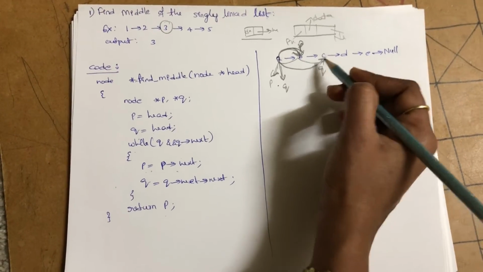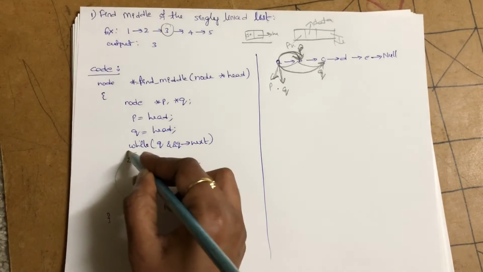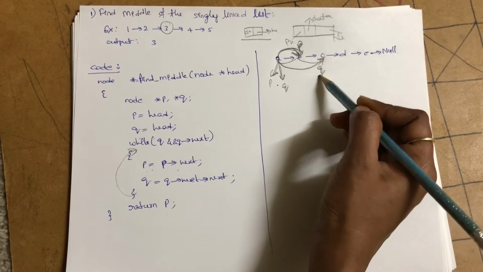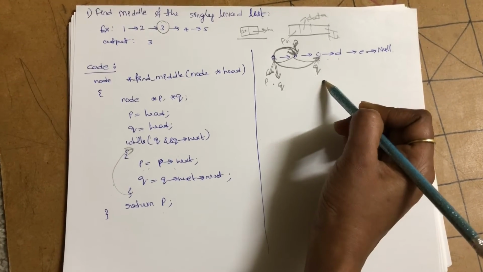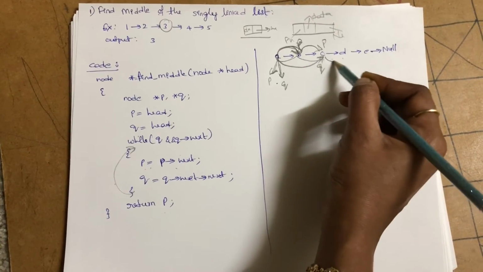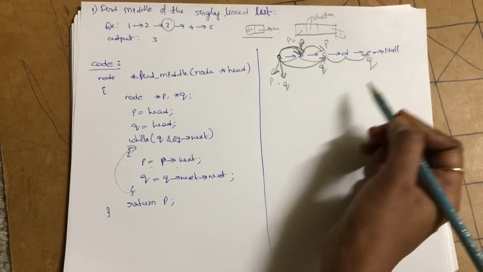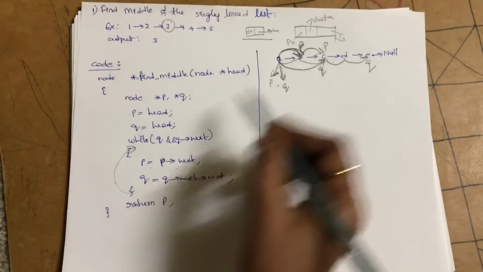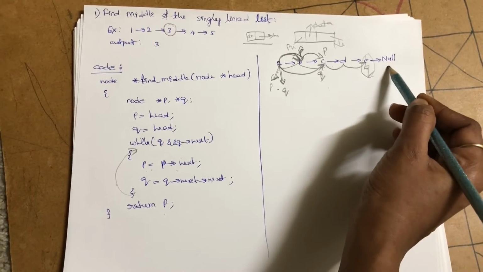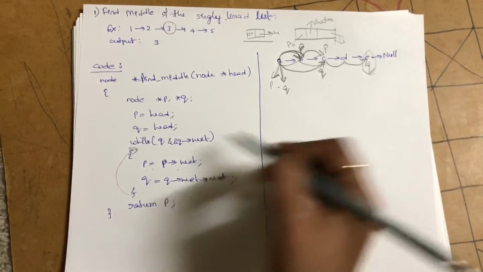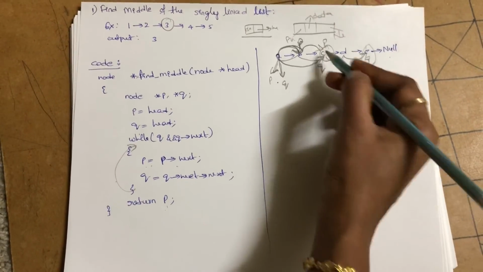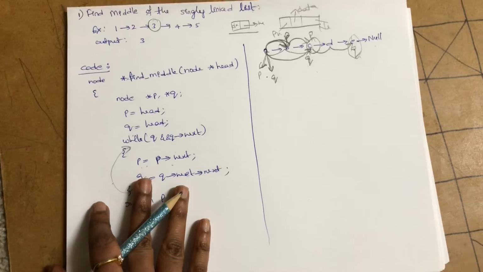Next it will again check while Q is not equal to null and Q next is not equal to null, then move P to P next and Q to Q next. Then it checks again: Q is not null, but Q's next is null. So it comes out of the loop and returns the P value. By this time it returns C, which is the middle of the single linked list.